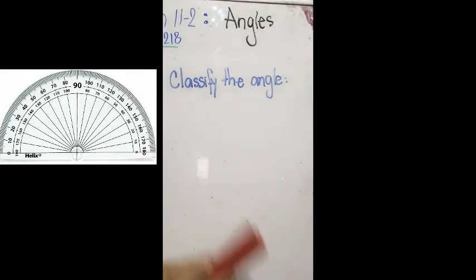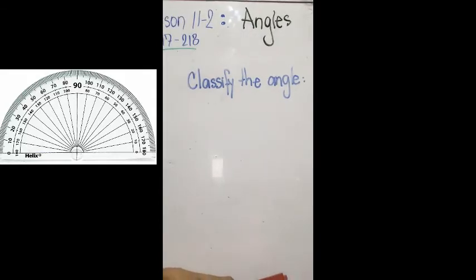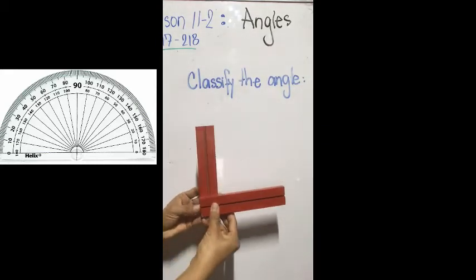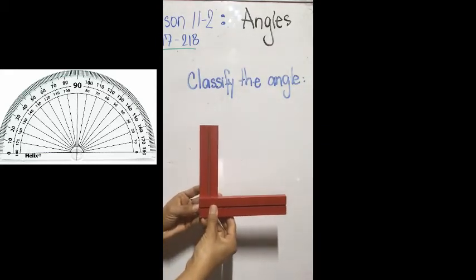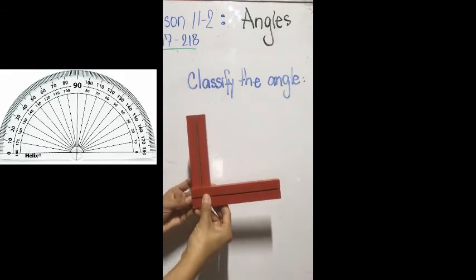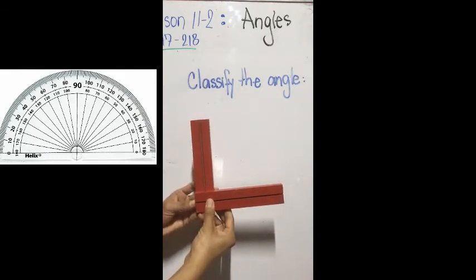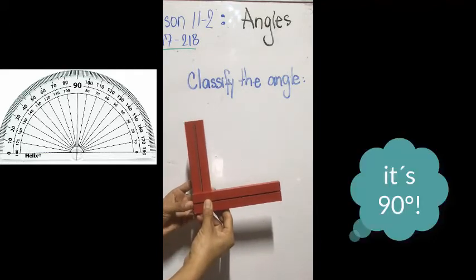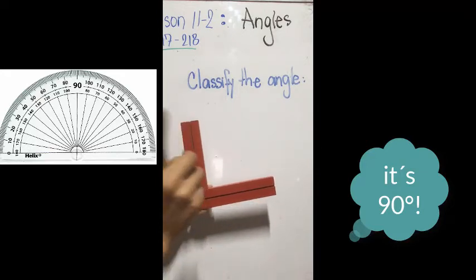Okay, now let's classify the angle in the 4 different ways. Try to guess. Okay, what is the name of this angle? Say it aloud. Is that a straight angle? No, it's not. Is this an obtuse? No, because obtuse is more than 90. Oh, 90.